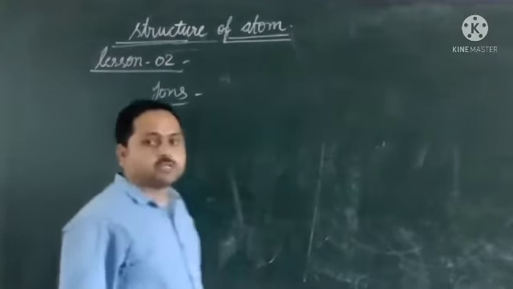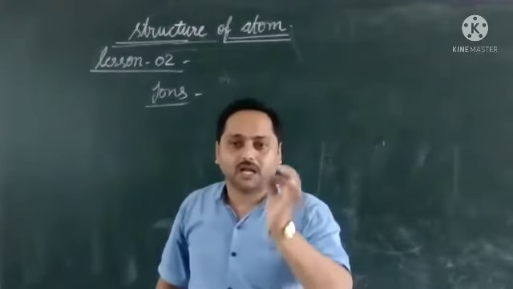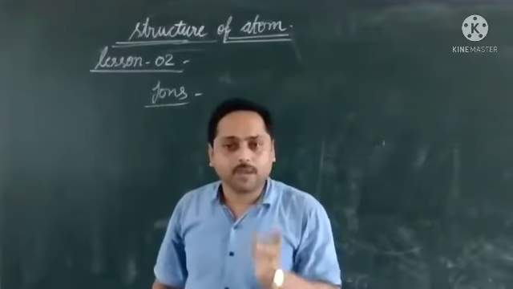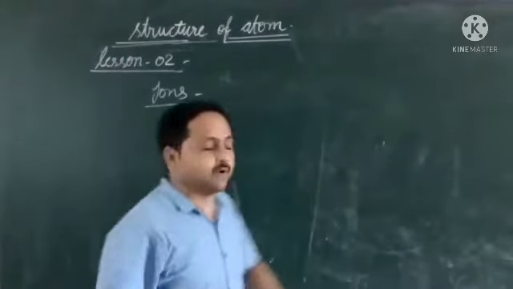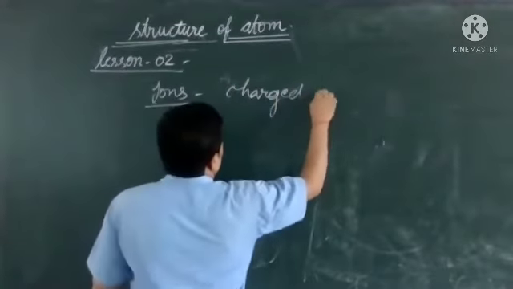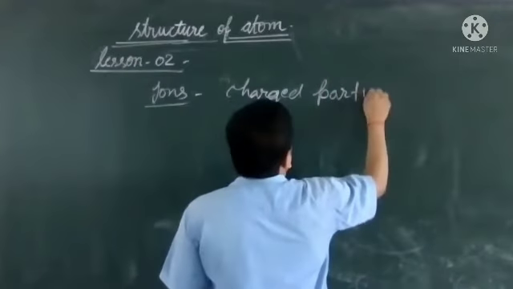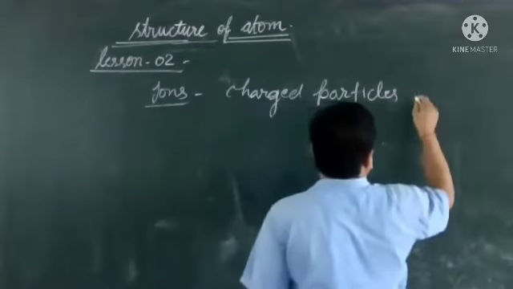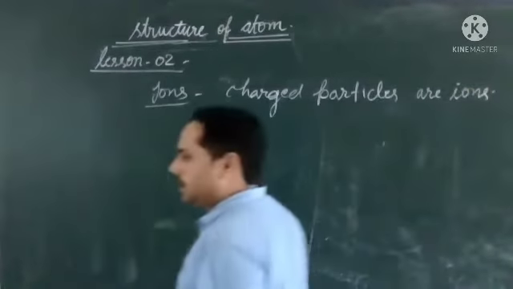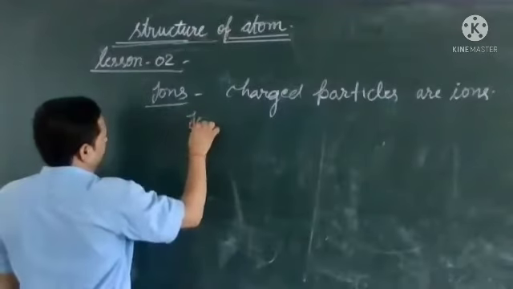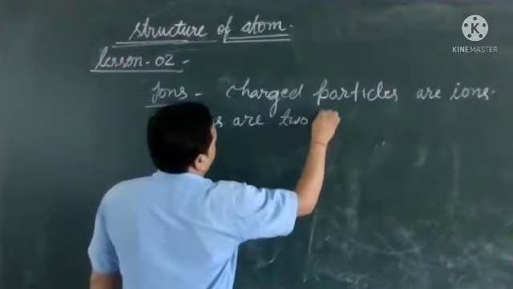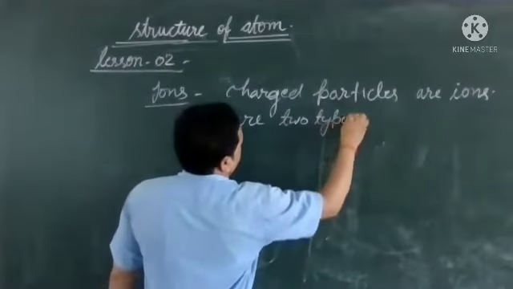Okay. Charged particles are called ions. Maybe positively charged or negatively charged. So we can define: charged particles are called ions. Ions are of two types.